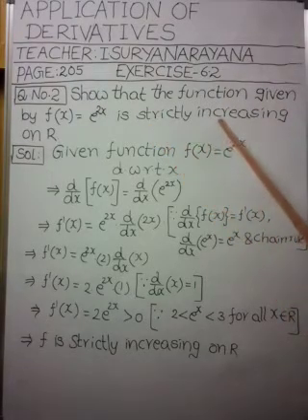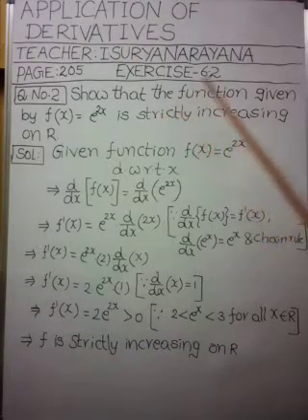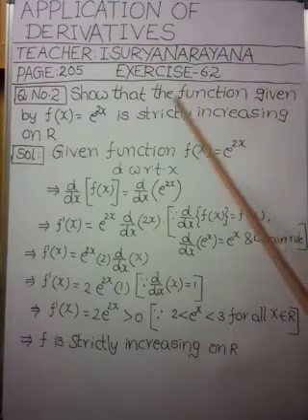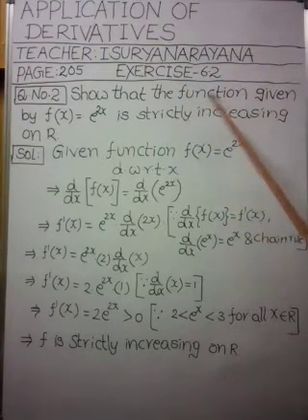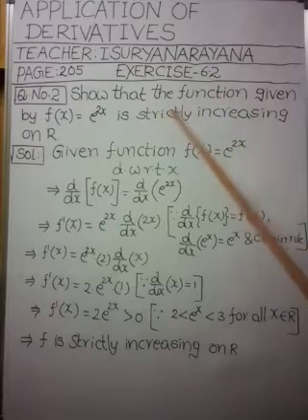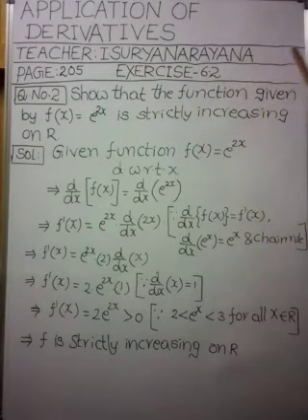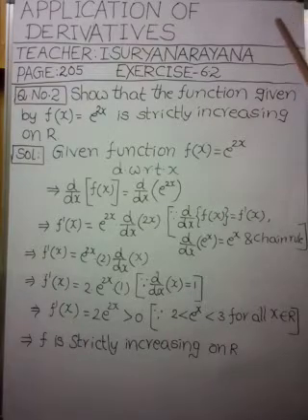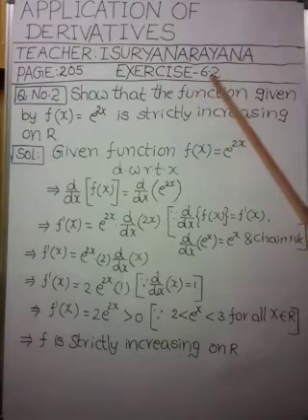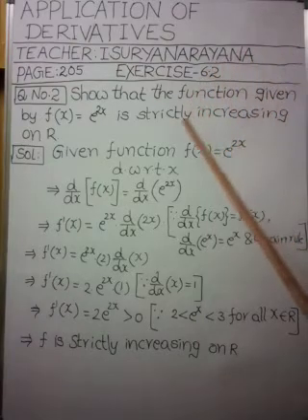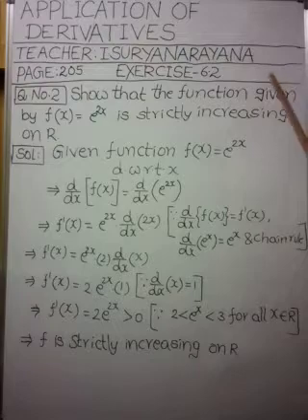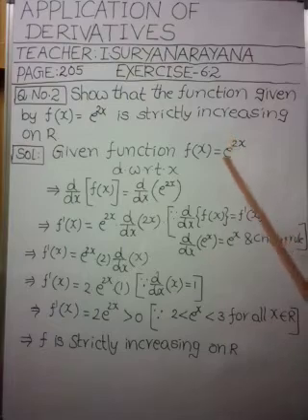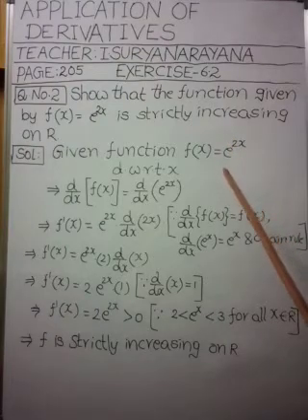To show the given function is strictly increasing or strictly decreasing, if you get any question with either of these terms, increasing or decreasing or strictly increasing or strictly decreasing, then immediately you have to find the derivative of the given function. Remember this point, my children.